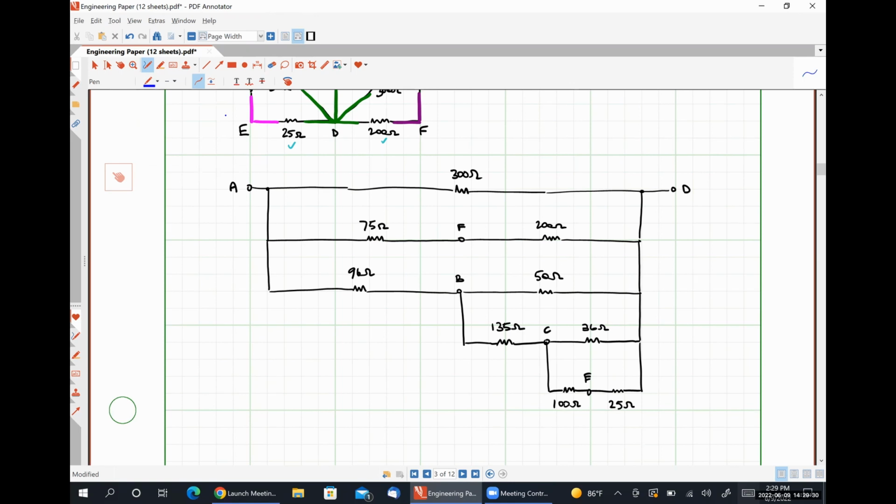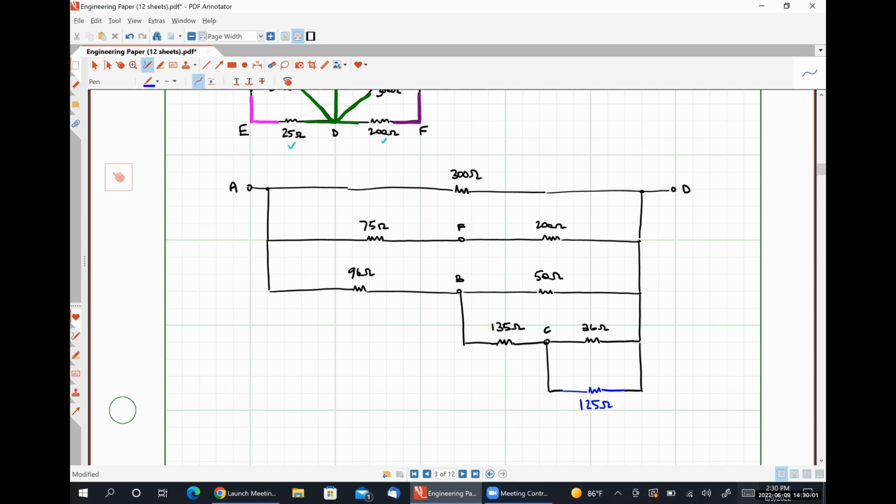I'll make these changes in blue. So I'm combining 100 in series with 25. So that's going to look like 125 ohms. Well, now I can see that the 125 ohm resistance is in parallel with the 36 ohm resistance.